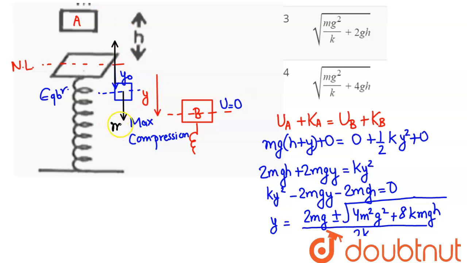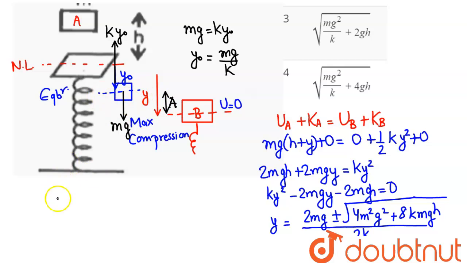So mg is equal to k into y0, and y0 is equal to mg upon k. So the amplitude will be the distance from maximum compression to mean position, as all distances are measured from our equilibrium position.